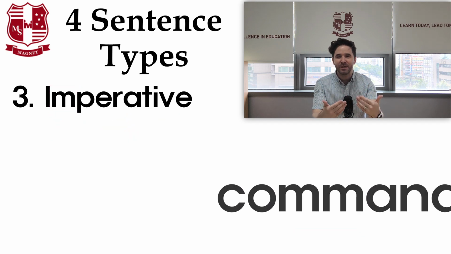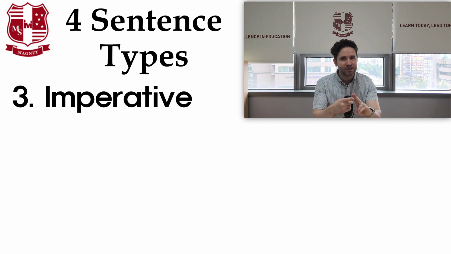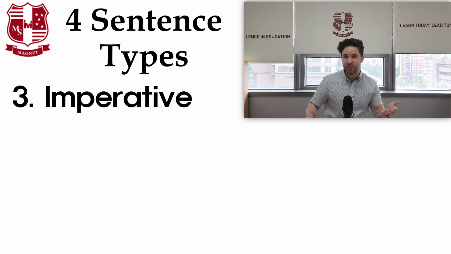I'm telling you this because as you can see, 2 of our sentence types start with I. If you need to decide whether it's interrogative or imperative, interrogative is interrogate, you are questioning. Imperative is important, it is a command. Try to use those tips so that you can try and remember which one is which in case you get slipped up. Now let's look at an example of an imperative.